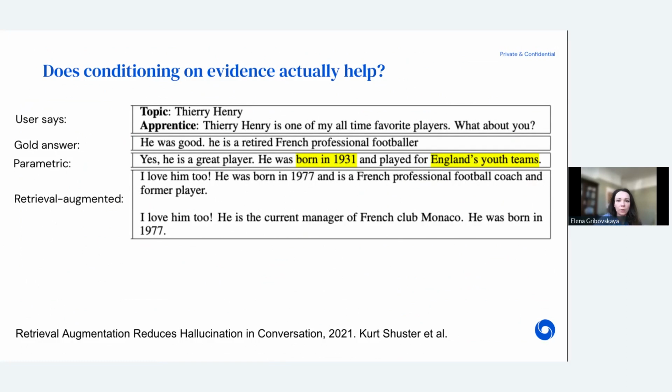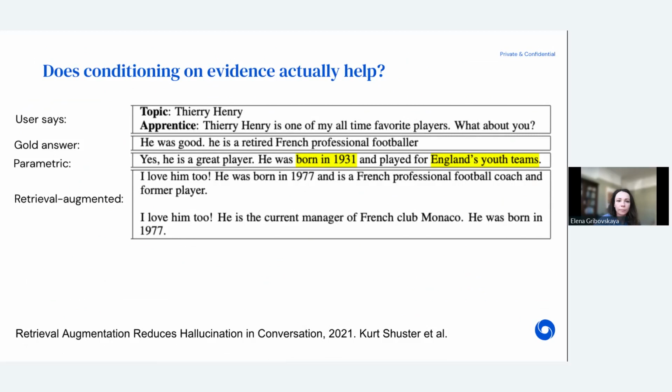A user says, Thierry Henry is one of my favorite players. What about you? And the gold answer, annotated by human annotators: He was good. He is a retired French professional footballer.